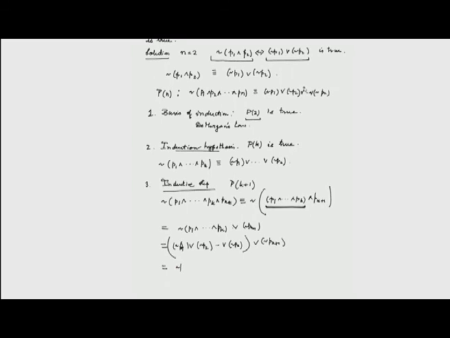So, we can write not of P1 or not of P2 or and so on up to not of Pk or not of Pk plus 1. Thus, we see that I have to write equivalences over here. So, thus we see that Pk plus 1 is true. So, Pk implies Pk plus 1 for k greater than or equal to 2.